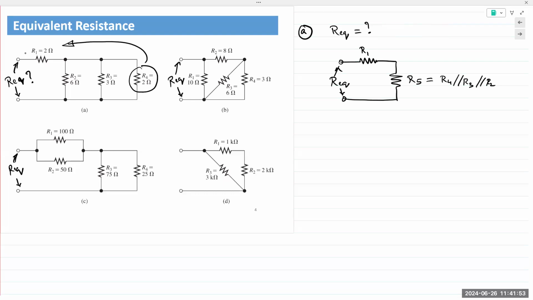Then what can we say about R1 and R5? Are they in parallel? Are they in series? Neither? Anyone? There's no penalty for speaking up. R1 and R5.